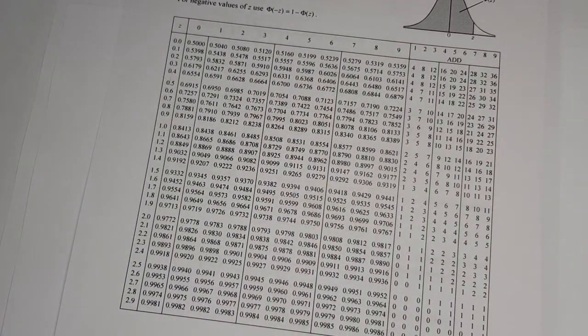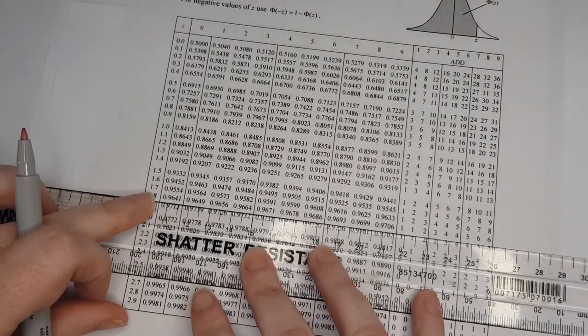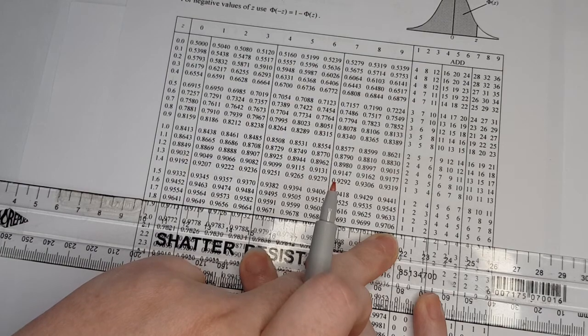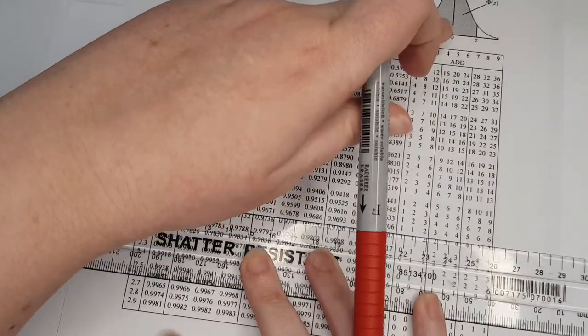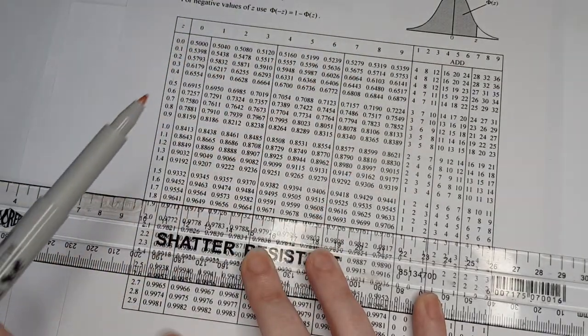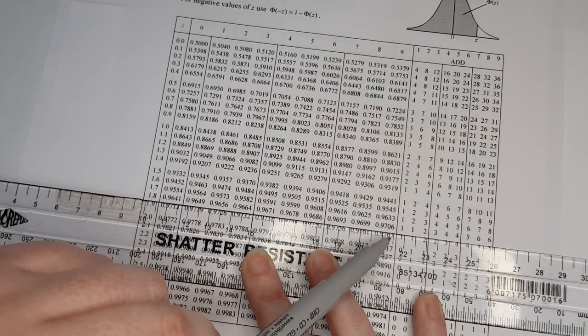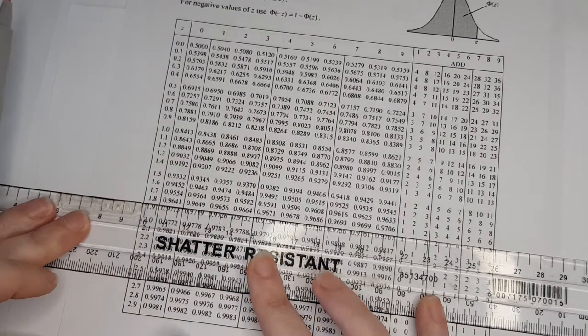So that is 1 minus, and now I look up 1.893. So on the table, I'm going to find 1.8 over there, 9, and then 3. So 1.893 says add 2 to my last 2 digits, so I have 0.9708.